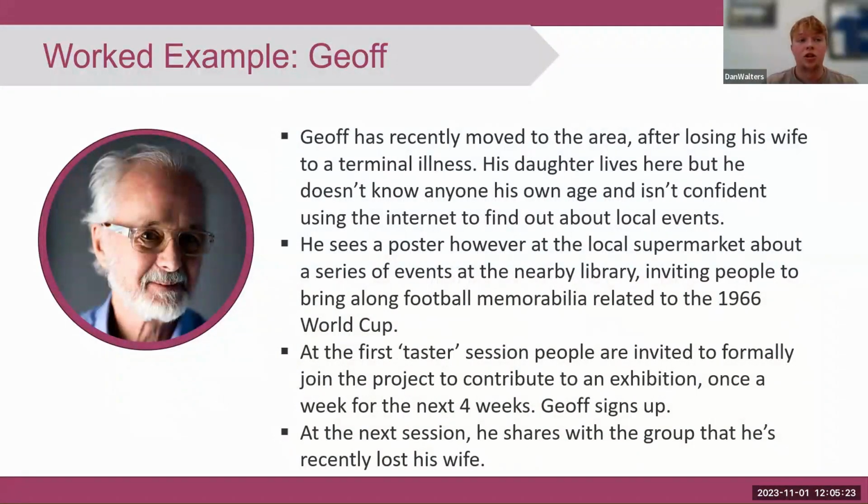So perhaps directing him to use an internet survey or an e-survey might not be appropriate, and in which case we might suggest the use of a paper copy of the survey in this instance, just because Jeff might be more used to this and he can perhaps have a little bit of support around him whilst he does it. And also Jeff's lost his wife, so we know he might be a bit emotionally vulnerable. So we'd want to make sure he's getting the best support he can for the situation.